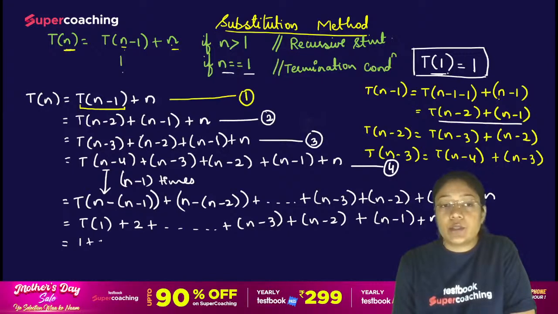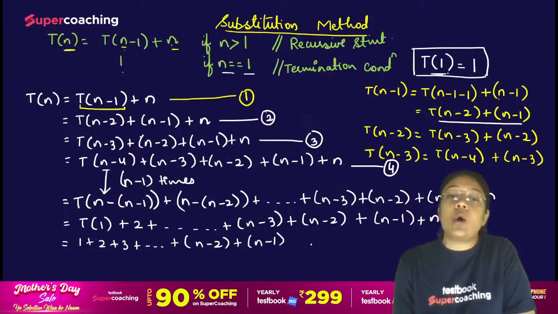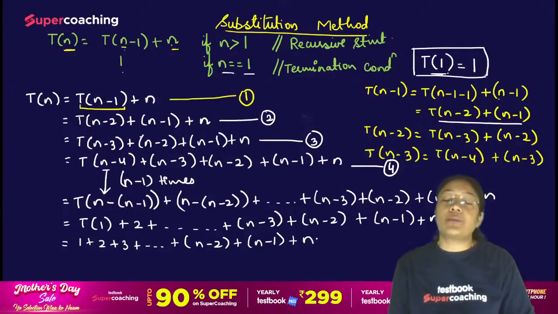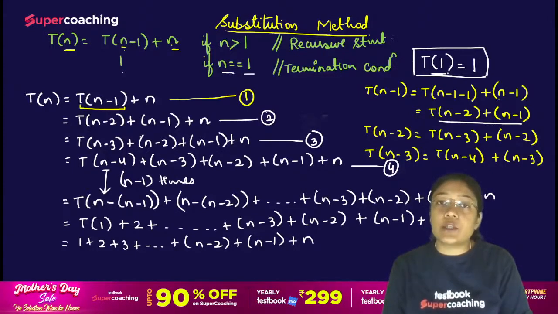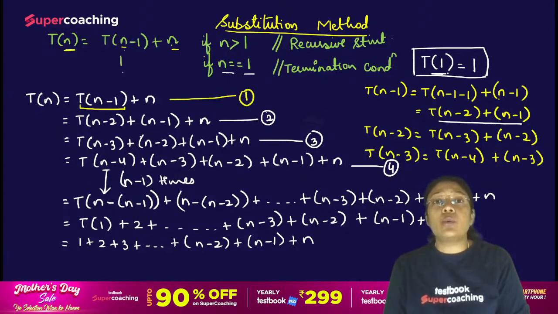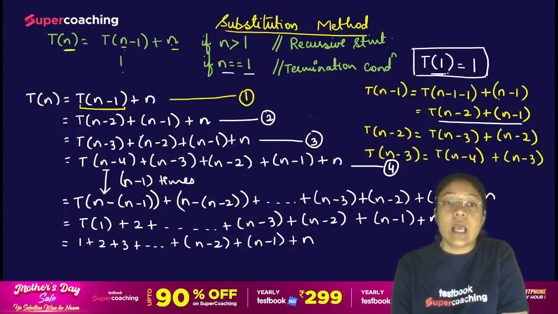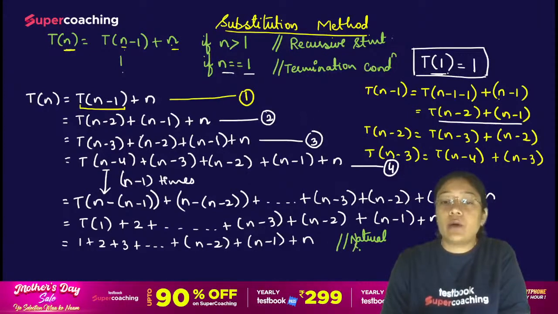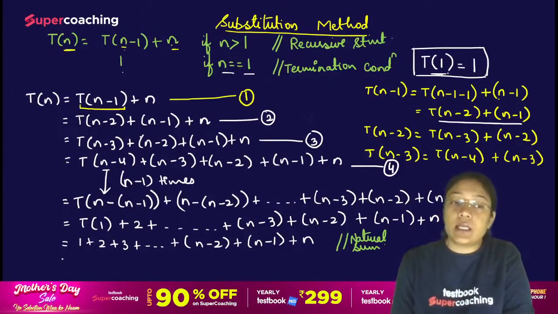This is 1 plus 2 plus 3 and so on up to n minus 2 plus, basically what series is this? Ultimately क्या होगा आपके पास? substitution method में आप value substitute करते रहोगे जब तक आपको series समझ में नहीं आ जाती. At the end you will be getting some series and you have to solve that series. So this is nothing but the series for natural sum, and we know the formula for natural sum series. Verify करने का तरीका आपको बताया हुआ है.